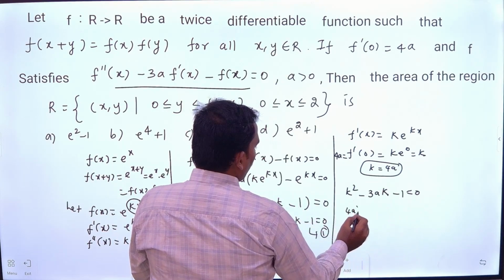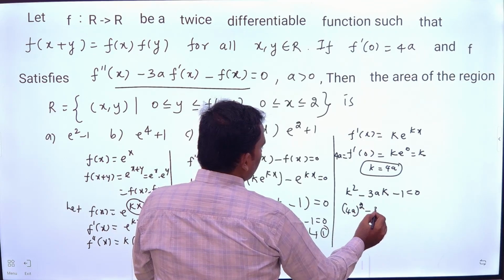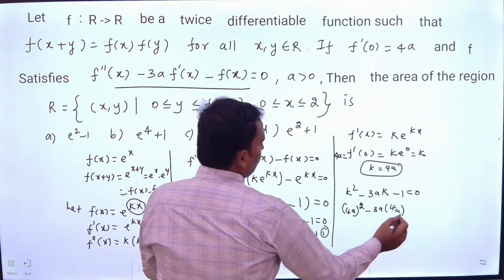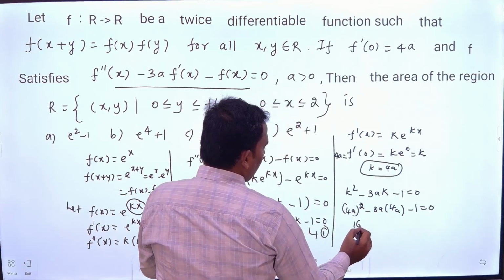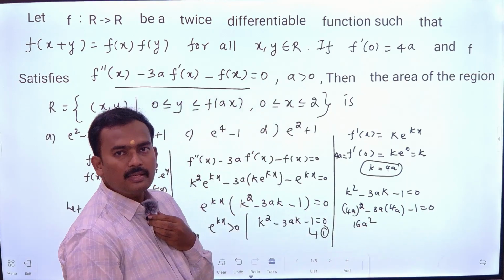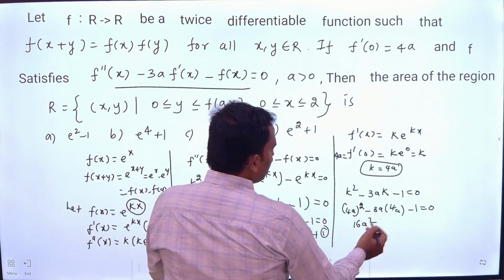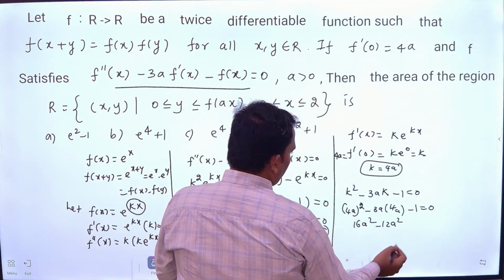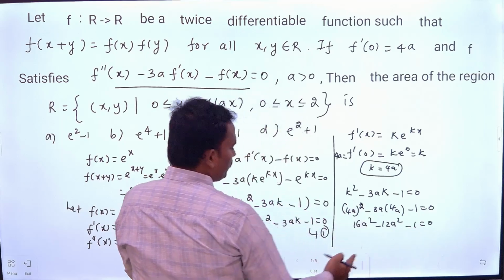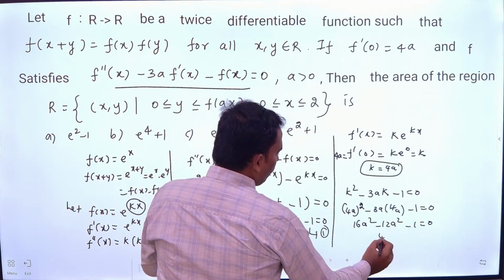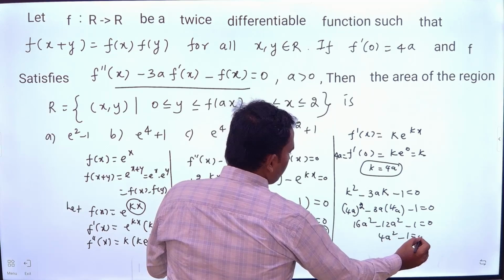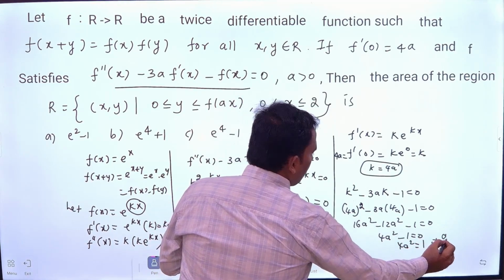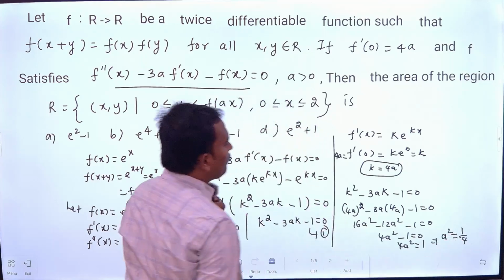Substitute: 4a whole square minus 3a into 4a minus 1 equal to 0. 16a square minus 12a square minus 1 equal to 0, so 4a square minus 1 equal to 0. 4a square is equal to 1, so a square is equal to 1 by 4.